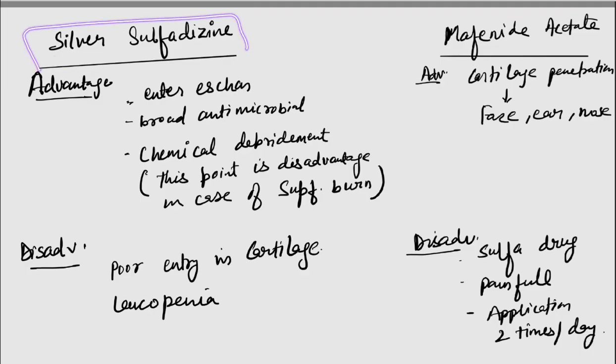Now coming to the ointments which we frequently use in burn patients. The first is silver sulfadiazine and the second is mafenide acetate. There are advantages and disadvantages of both. Coming to silver sulfadiazine, it has the advantage that it enters eschar and has broad antimicrobial action, and it also facilitates chemical debridement.